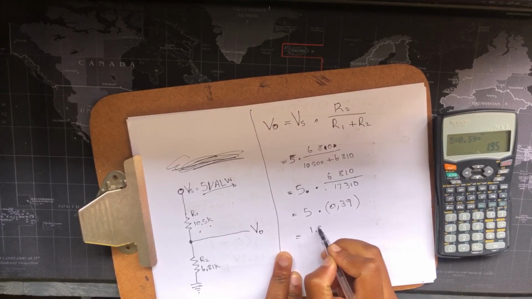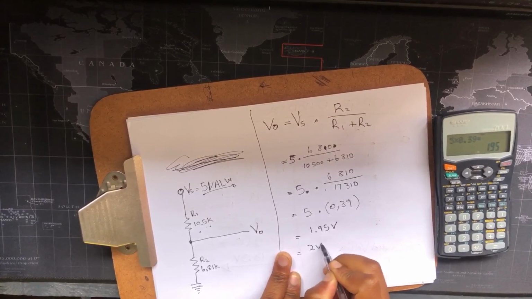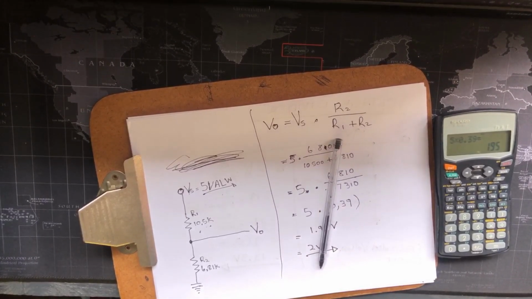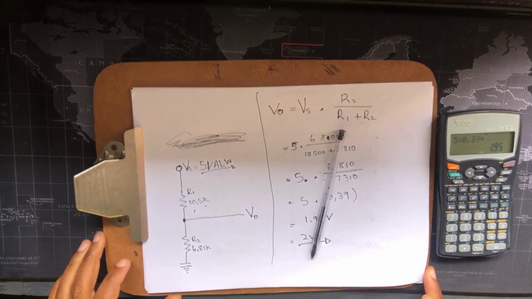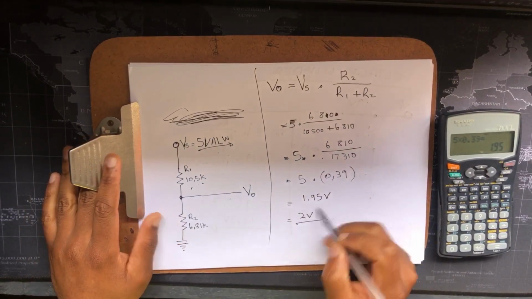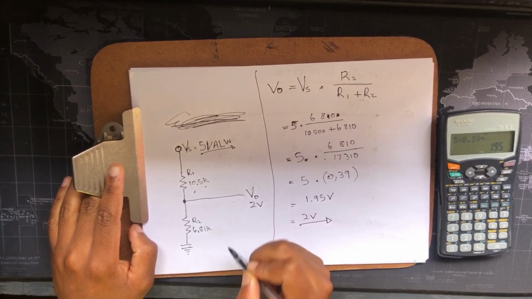This is 1.95 volts, more like 2. Done. Not sure if I'm right or wrong, but there we'll have 2 volts. So V out is going to be 2 volts.